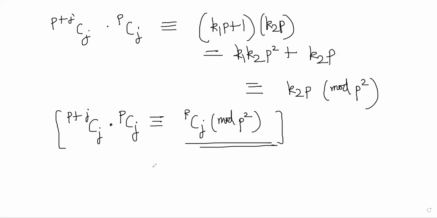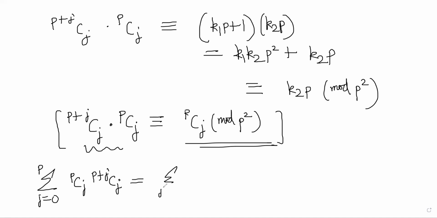Now what we will do is the summation that we needed. We need to do the sum of j goes from 0 to p of pCj times (p+j)Cj. That is the same as j going from 0 to p minus 1 of, now I can say that this product is pCj mod p square, using the result above.